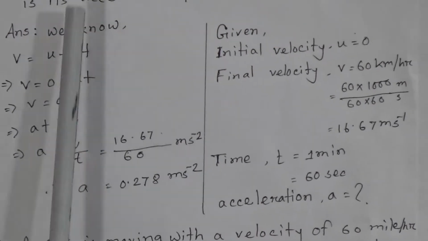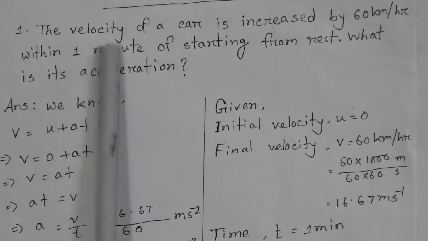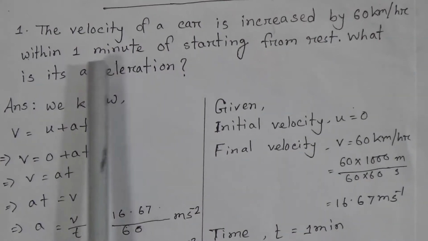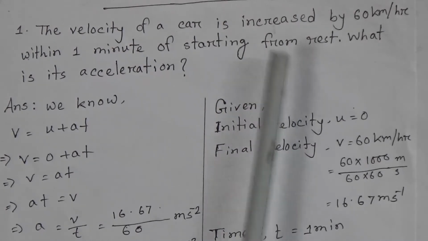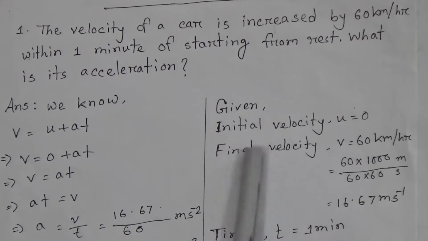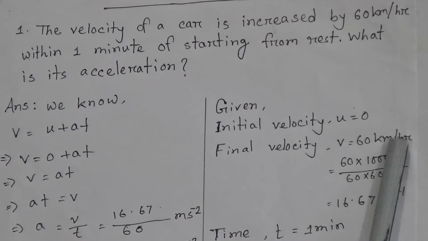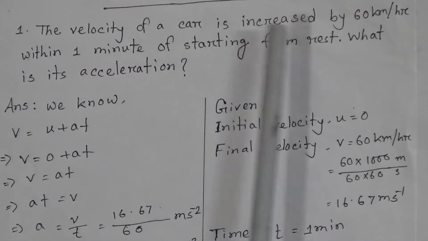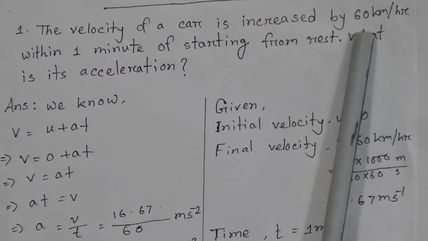Here in the question, the velocity of a car is increased by 60 km per hour within 1 minute of starting from rest. Here given rest, that means initial velocity u equals 0. The velocity of the car is increased by 60 km per hour, that means this is the final velocity.